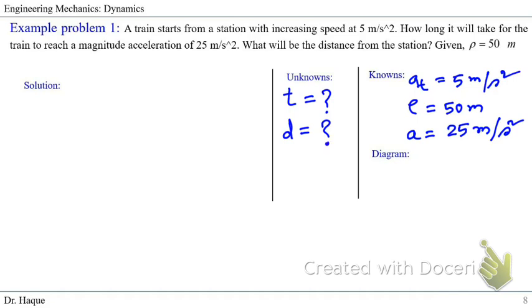from the station. So let's draw a diagram. Maybe it's the train line, and this is the train line, and this is our train.